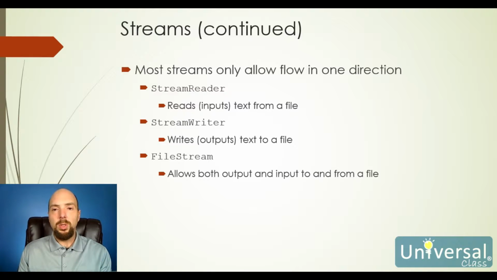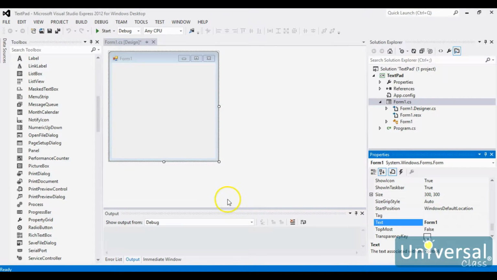So we're going to use what's called a stream reader, which will read text from a file, and then we're going to use a stream writer, which will allow me to take whatever I typed in my program and commit it out to a file. And then we also do have a bidirectional file stream, and what that does is it allows us to keep track of whatever's on the screen and in the file, and it synchronizes the two of those. Typically, though, we're going to use the stream reader and stream writer.